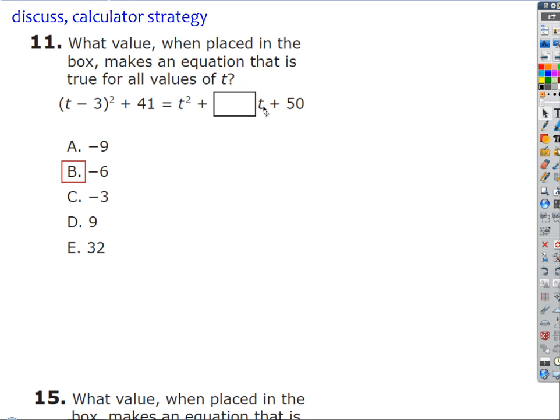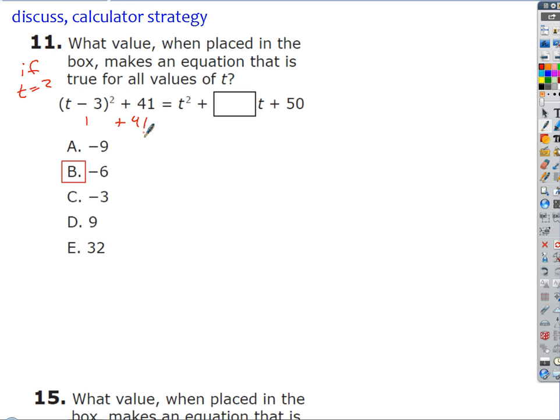If we try t equals 2, we could even say, if t is 2, then what would have to go there? Let's just go through and do one like this. So if t equals 2, that whole thing's going to give us 1 plus 41.